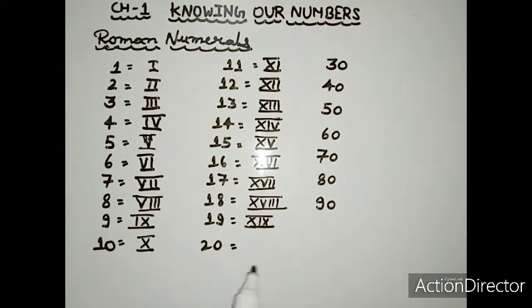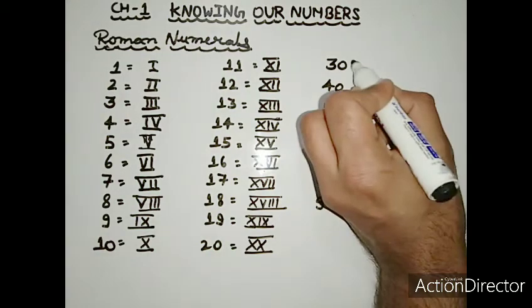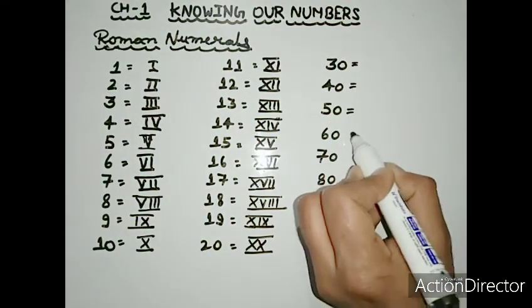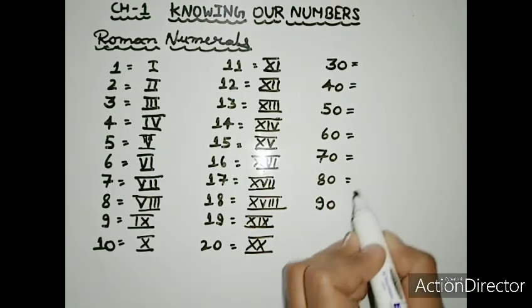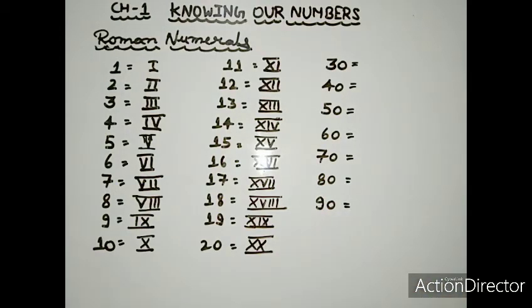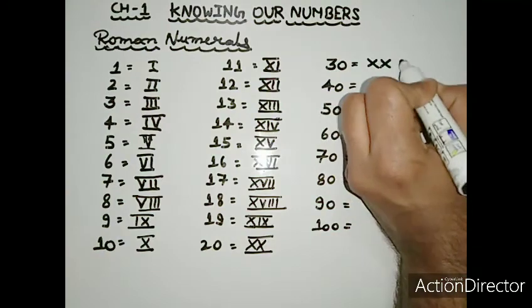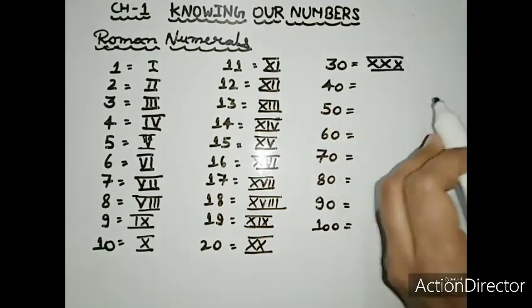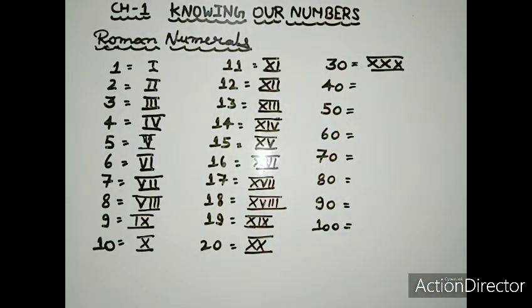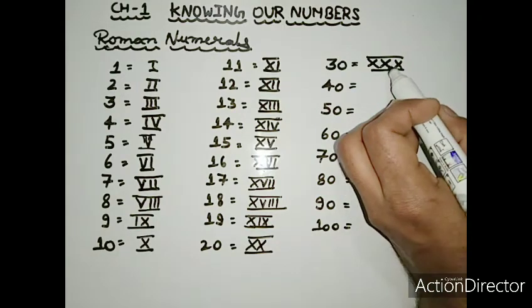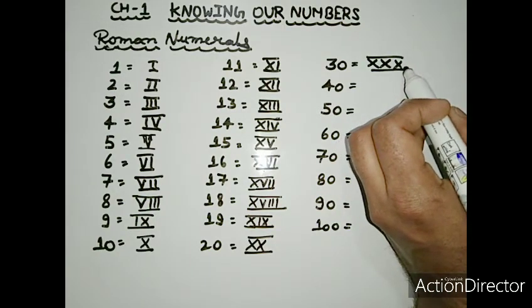Now here we write 20 by using 2 times X here. Now for 30, you all know that X is repeated a total of 3 times here. So here we write X, X and X. 3 times X shows 30. 10 plus 10, 20 plus 10, 30.